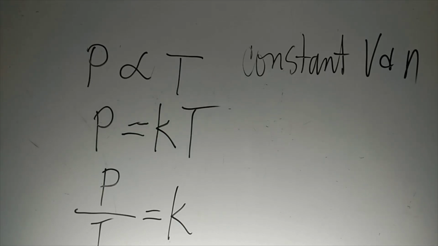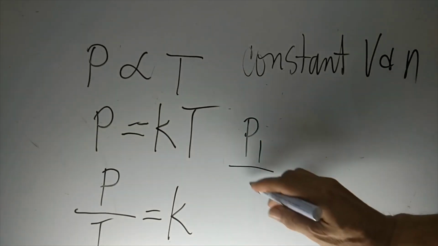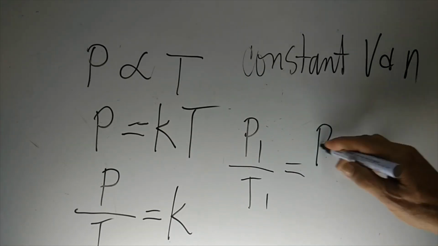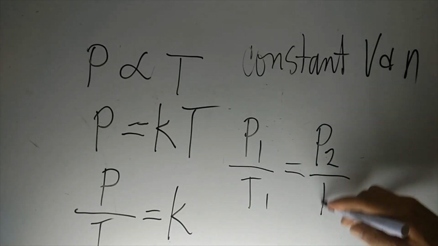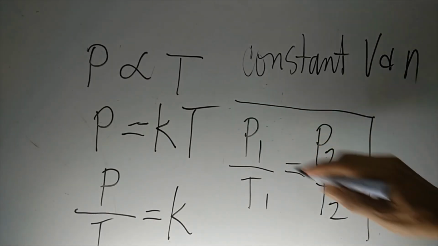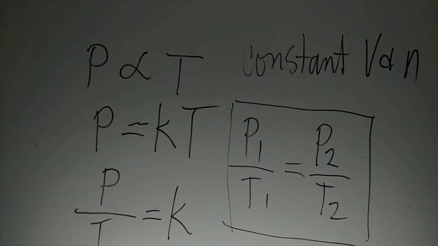So, Gay-Lussac's law can therefore be expressed as P1 over T1 is equal to P2 over T2. We will now be using this formula to solve Gay-Lussac's law problems.